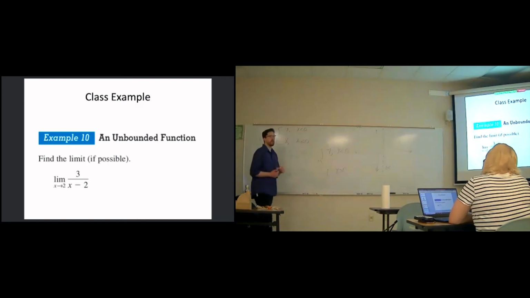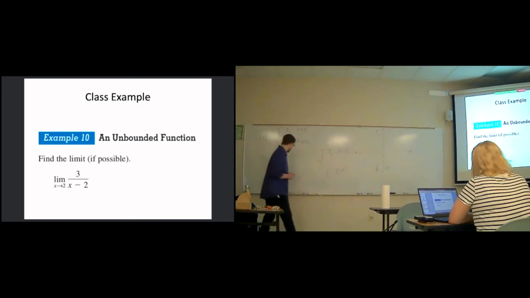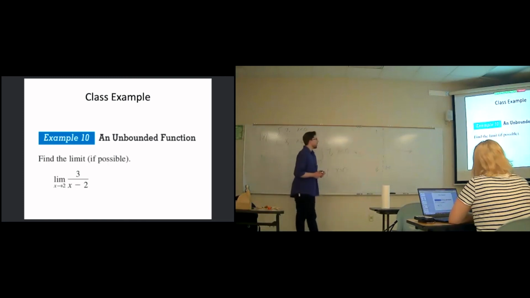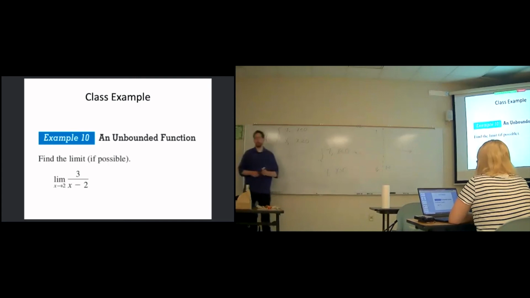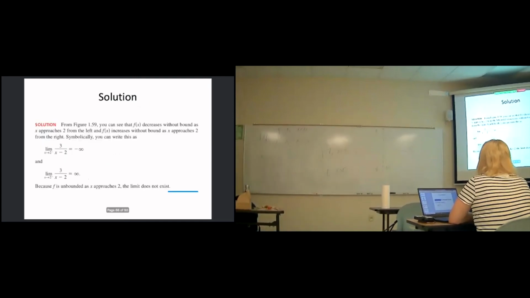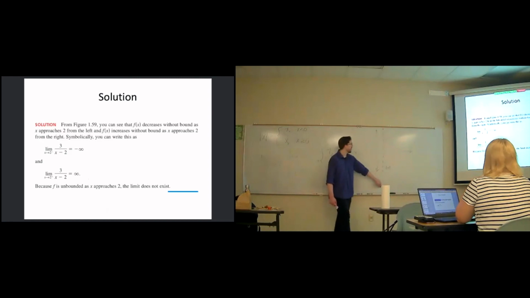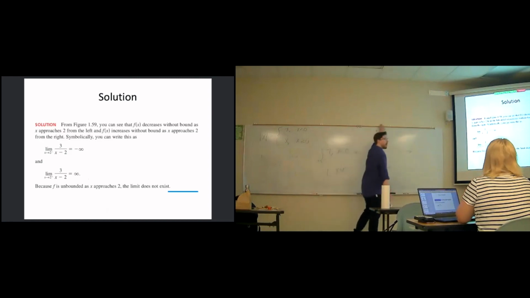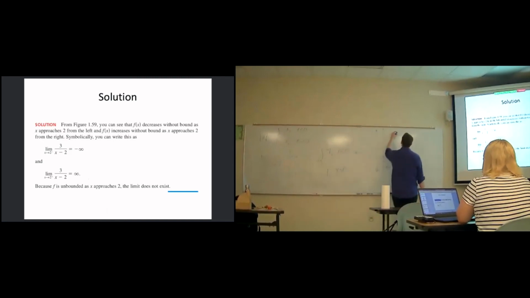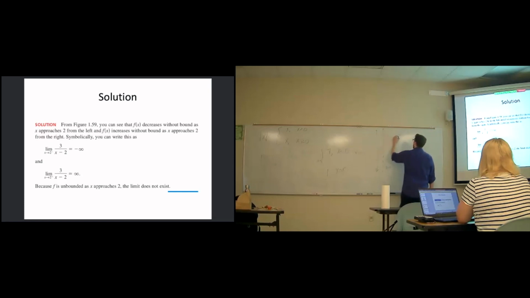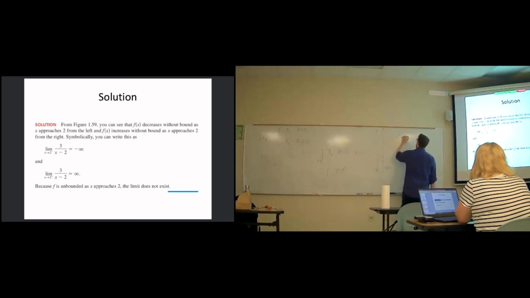What do we think? What's the limit here? Well, coming at it from the left, we go down forever, right? Negative infinity. Coming at it from the right, we go up forever to infinity. So the limit as x approaches 2 from the right of 3 over x minus 2 is going to be equal to infinity.